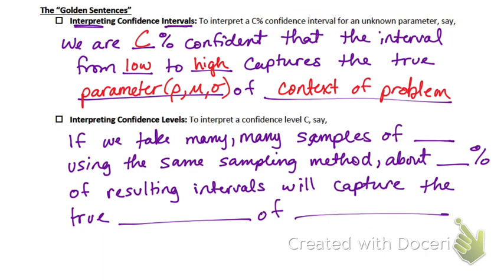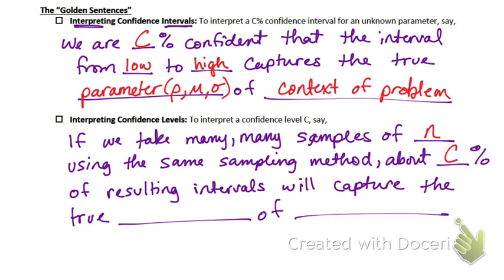Okay, what goes in the blanks? If we take many samples of whatever your sample size is. If your sample size is 150, you're going to do many samples of 150, okay? Using the same sampling method, I do have to indicate that I'm doing the same method over and over again.